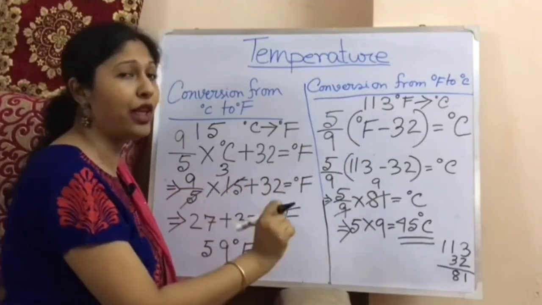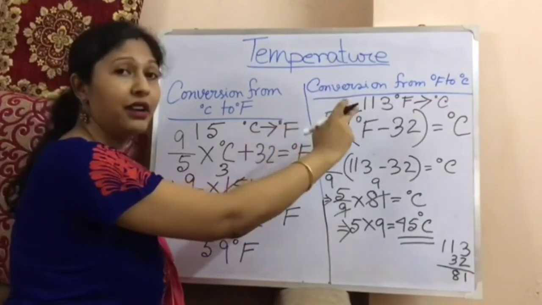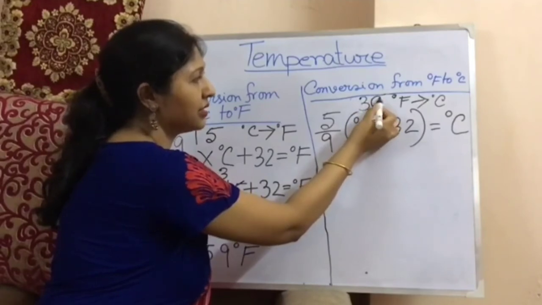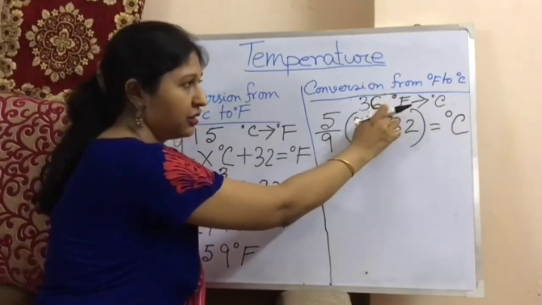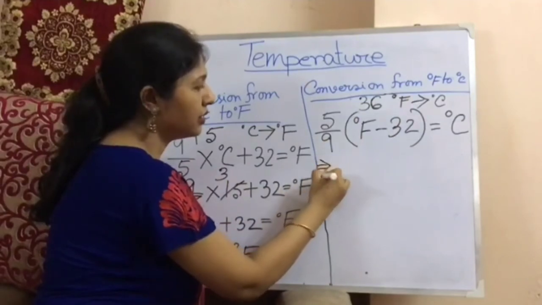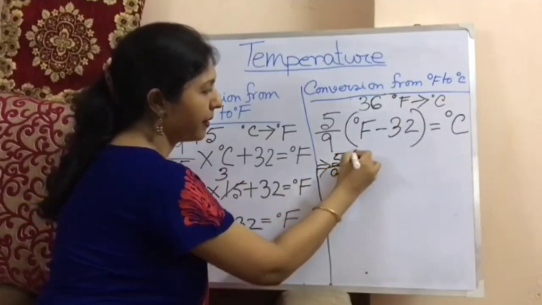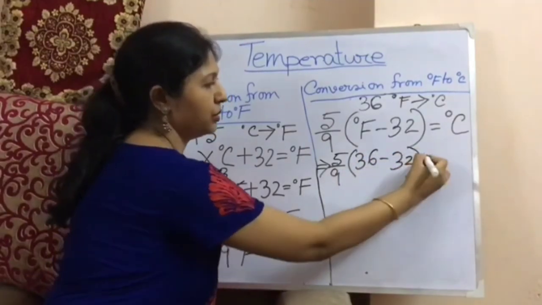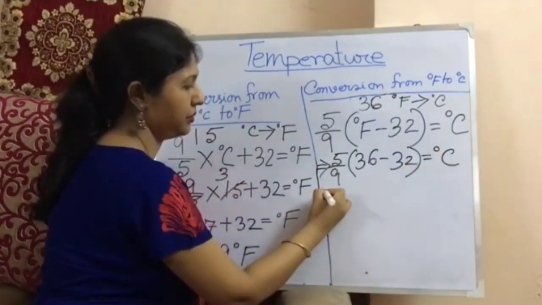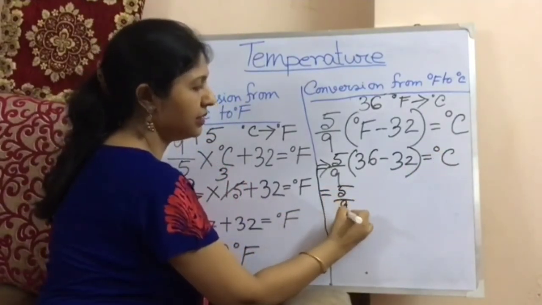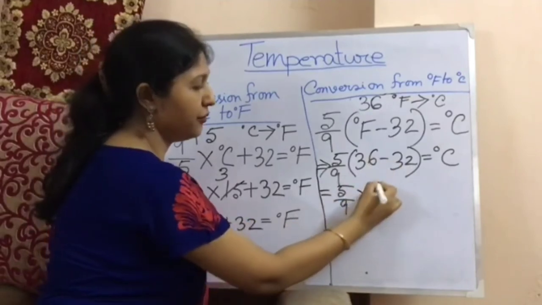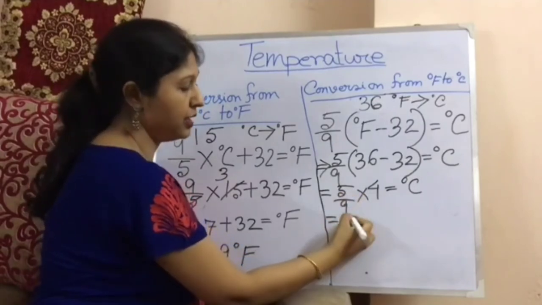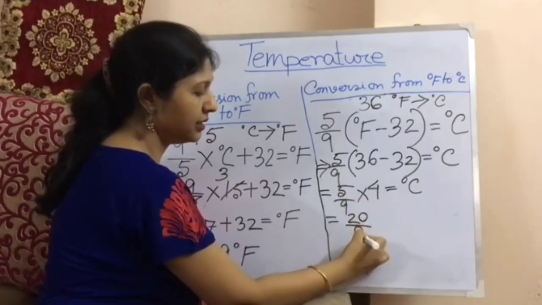I will give one more example of converting Fahrenheit to centigrade. Here I took 36 degree Fahrenheit. How will we convert that? 5 by 9, then 36 minus 32, it will come 4. 5 into 4 means 20 by 9.